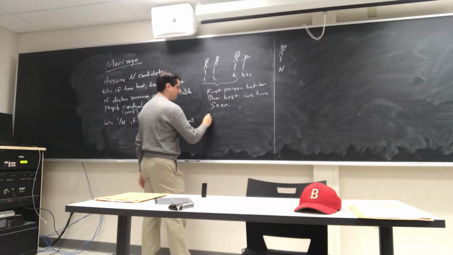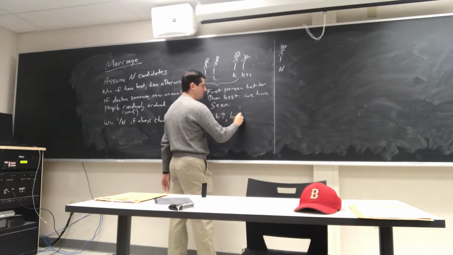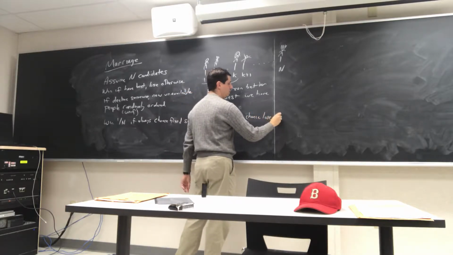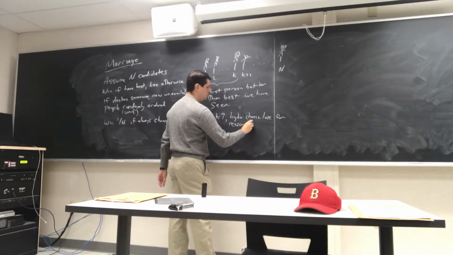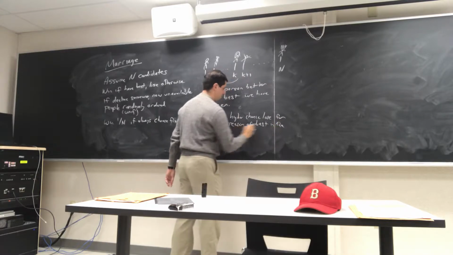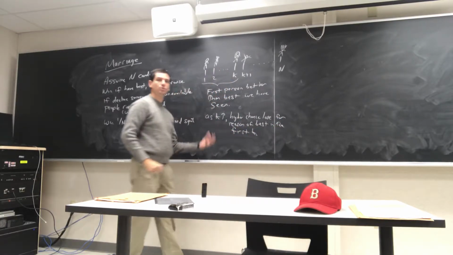As k increases, there is a higher chance you lose for the reason of the best being in the first k. So that is a reason why you would want k small.